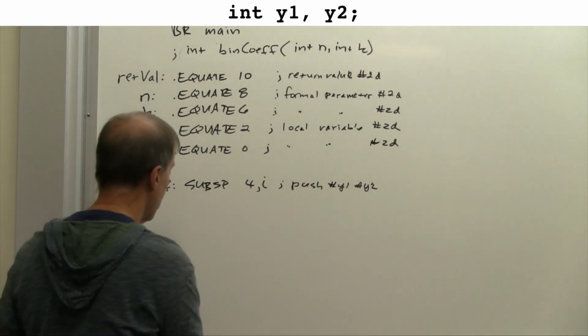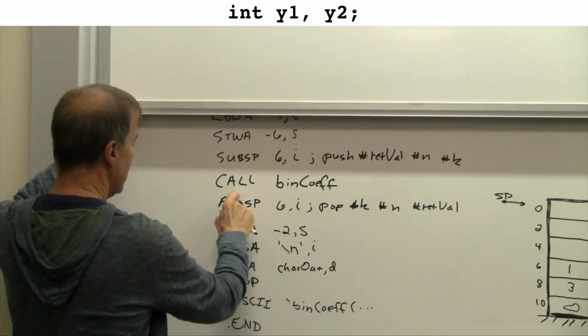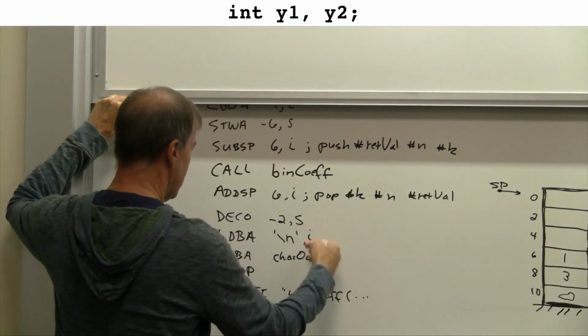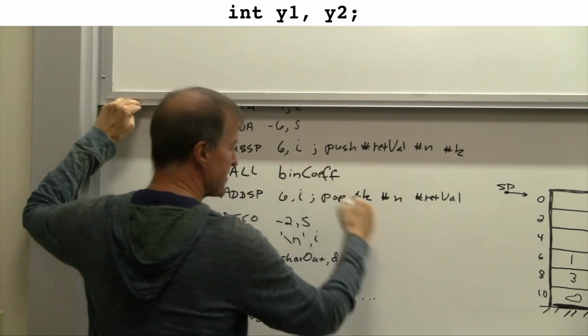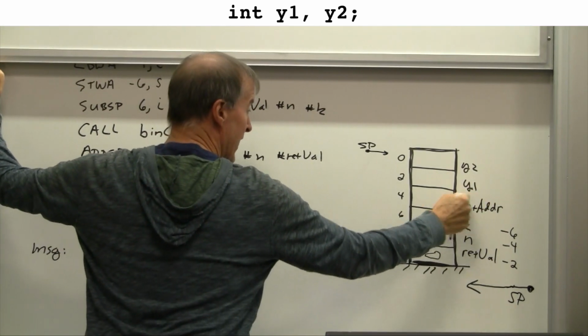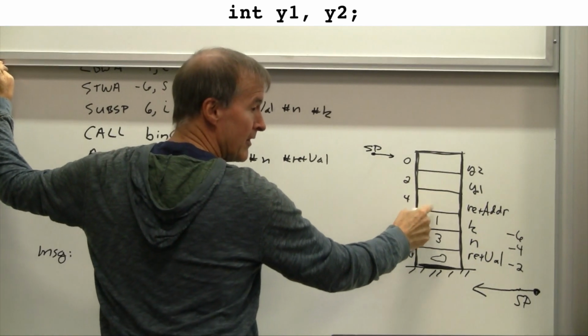So when you do the call, that automatically subs? Well, good question. Let's review that. When we do this call, remember, we did a sub SP 6 here, so that put this here. When we do the call, that puts it, yes, automatically, that's part of the call. You don't have to sub for the return address. That is correct.